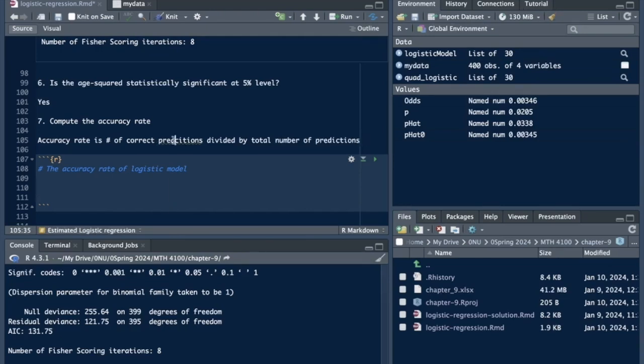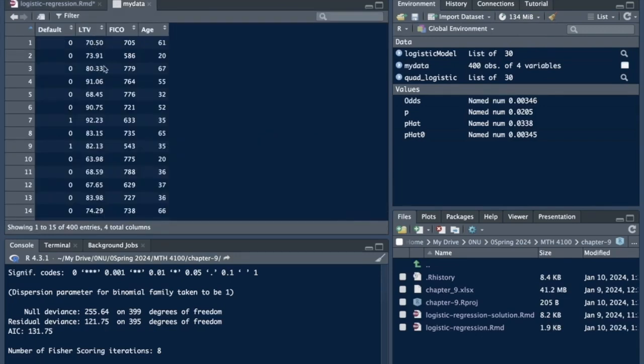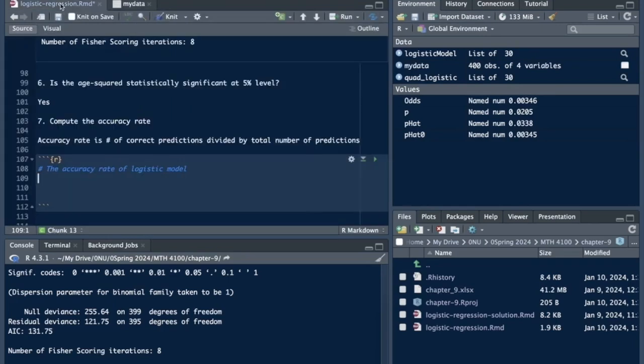So we need first to calculate the probabilities. We have to find the probability for each score. I'm going to explain this carefully, and after that we are going to do this using the faster way.